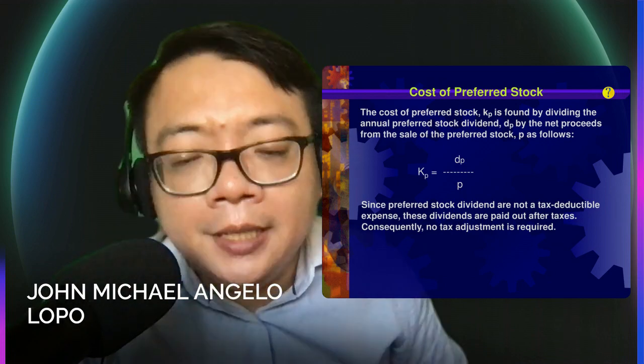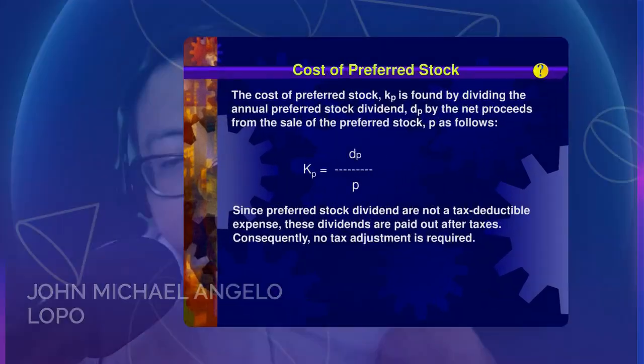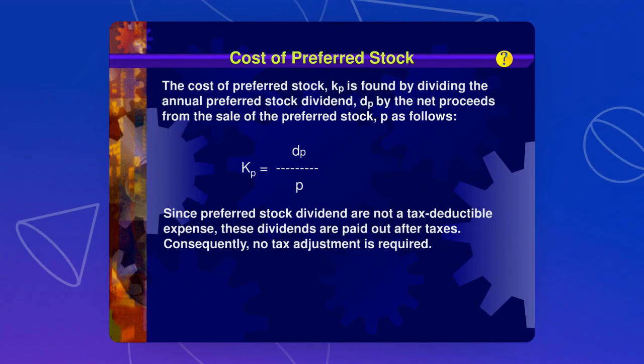Mamaya, I will discuss the meaning of flotation cost and/or underpricing cost. Please take note of the last bullet. Since preferred stock dividends are not a tax deductible expense, these dividends are paid out after tax. Meaning, class, no adjustment is required in your cost of preference shares. Why?